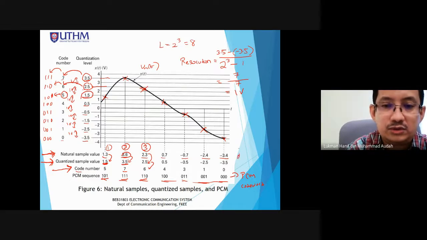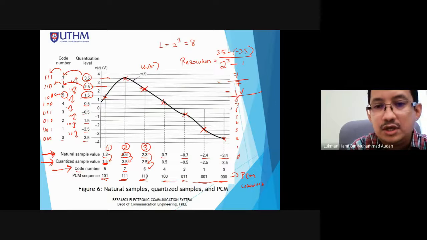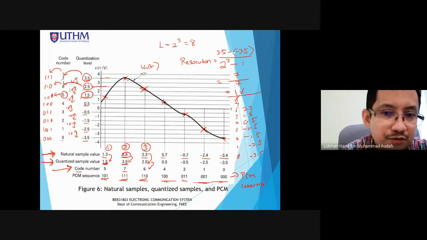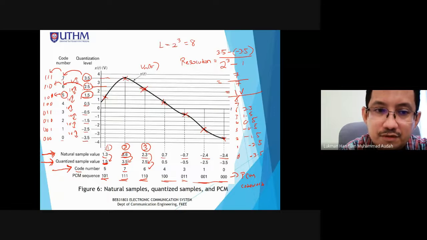So starting from minus 3.5, minus 2.5, minus 1.5, perbezaan sebanyak 1 volt. Okay, minus 0.5, 0.5, 1.5, 2.5, 3.5.